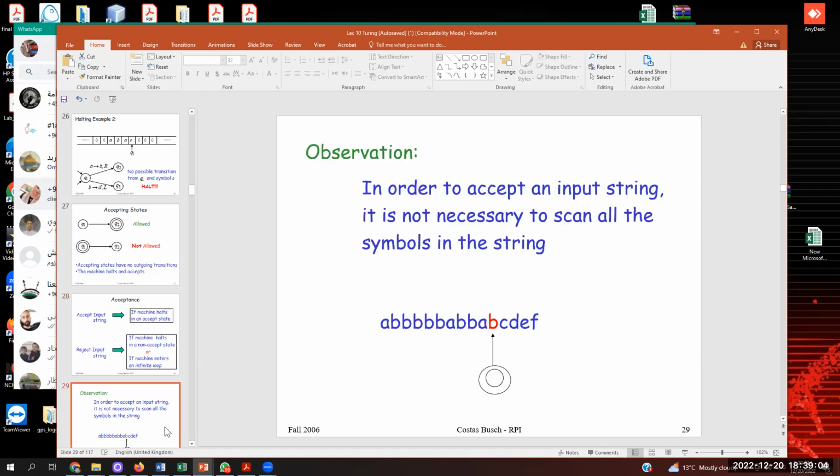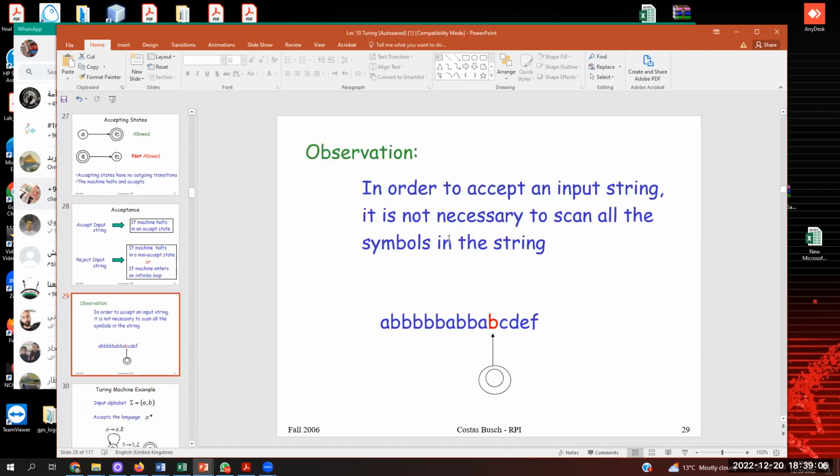I will show you in a second. In order to accept input, it's necessary to scan all the symbols. I have to finish all the symbols in the string. Like here, if I reach B, I am still at a final state, but I did not finish my string, so it's not accepted here. I have to finish all the string.